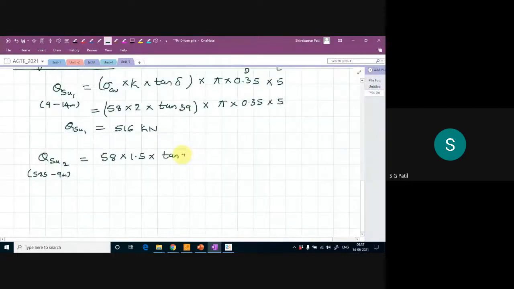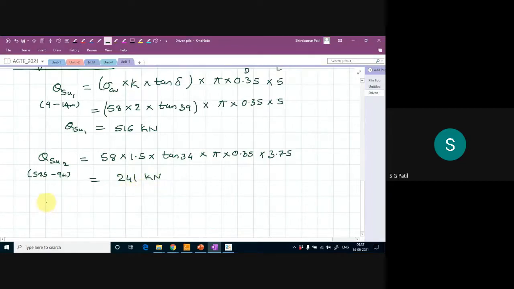Tan 34 into pi into d, d is 0.35, into L, 9 minus 5.25 is 3.75. Calculate how much you are getting. 241.9. I will consider it as 241 kilo Newton.